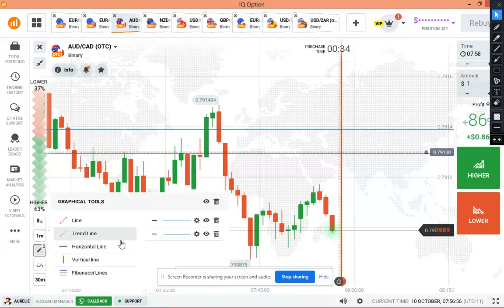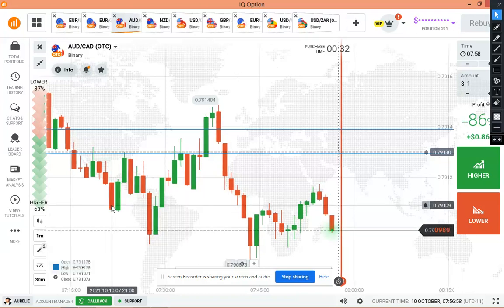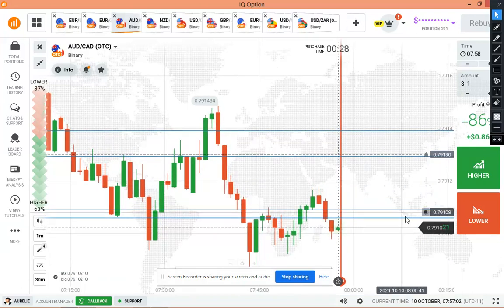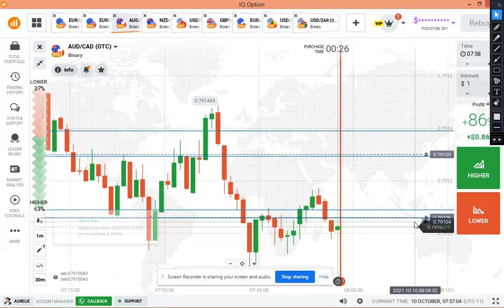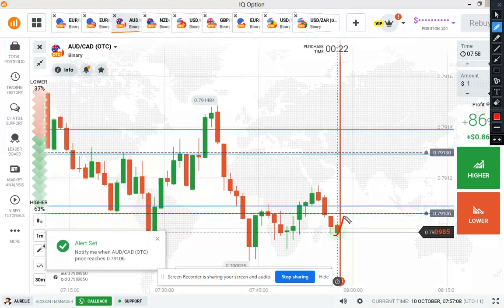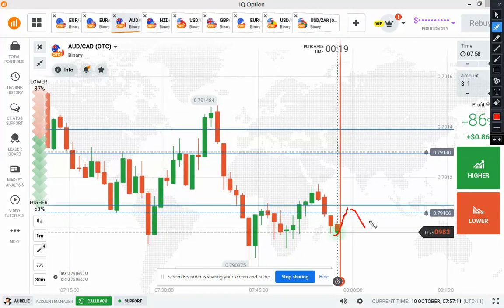Okay, let me draw another level here. So this is another reversal level. I'll be expecting the price to reverse, which means the buyers reverse and touch this level, and I'll close inside the zone. I'll place my trade.